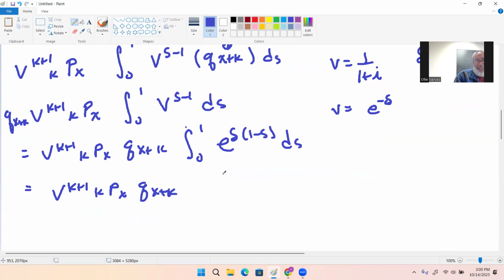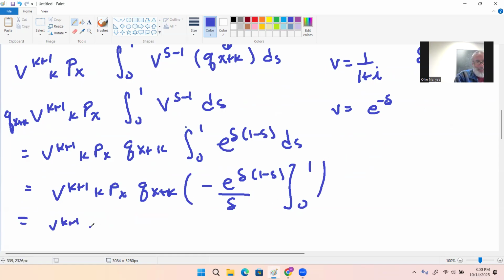And watch me blow it. So it's going to be minus e to the delta times 1 minus s, divided by delta, evaluated between 0 and 1. And it's just a lot of copying at this point. Now, if you plug in a 1, you get a minus 1 over delta, plus plugging in 0, e to the delta over delta, right?